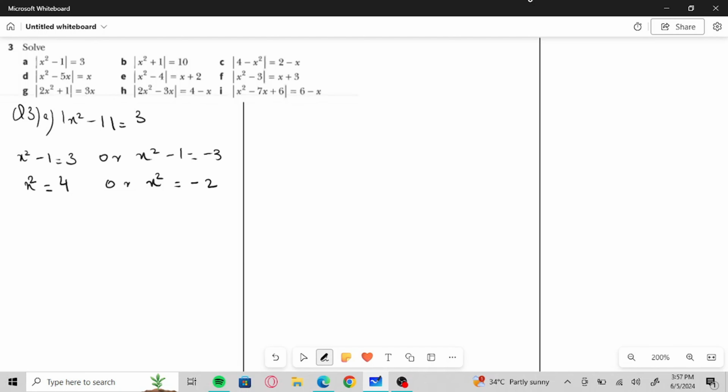So now just look at it really carefully. If we say x equals under root 4 or x equals under root minus 2, most of you should know that if we put under root on a negative value, we get a math error. So this value is not applicable at all. This can't be used. It is not following the rules of mathematics.